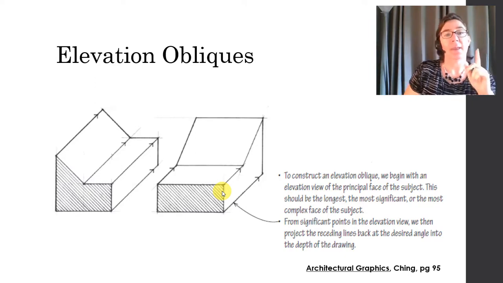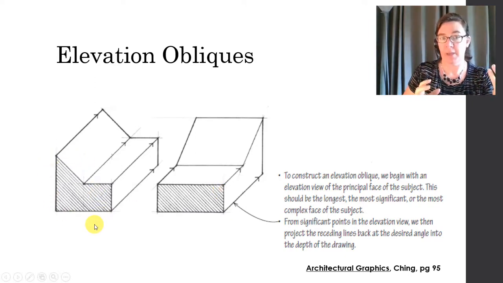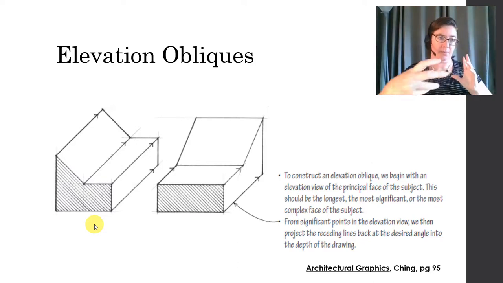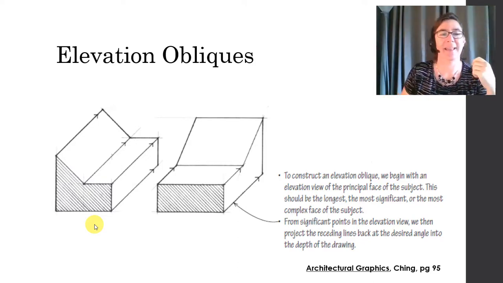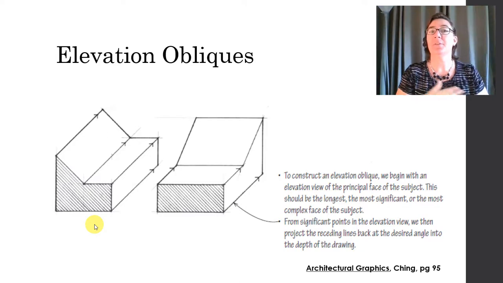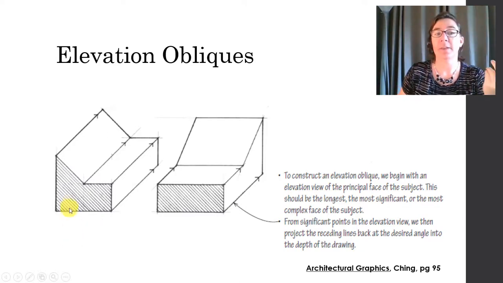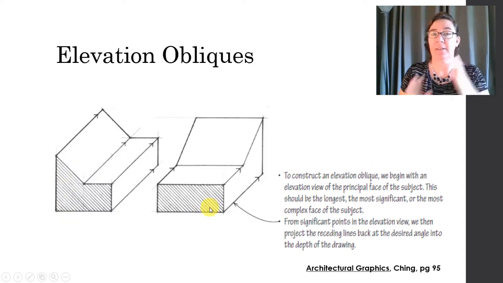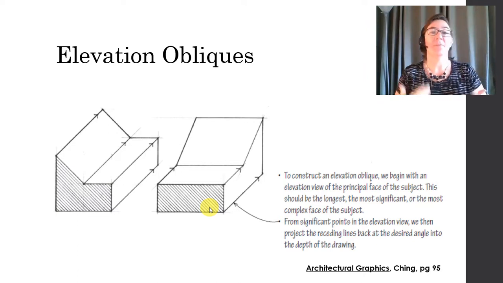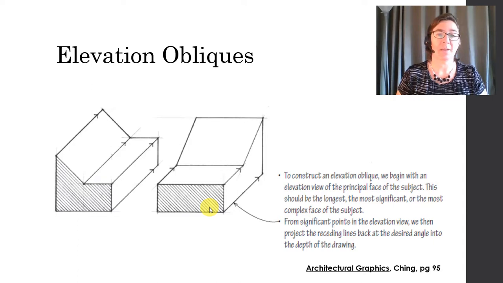So in this example, we have the same three-dimensional object, and these are two different elevation obliques. You can see that by choosing a different elevation face, a different side of the object, you very much give different emphasis to your portrayal of this object. So choose your elevation carefully.